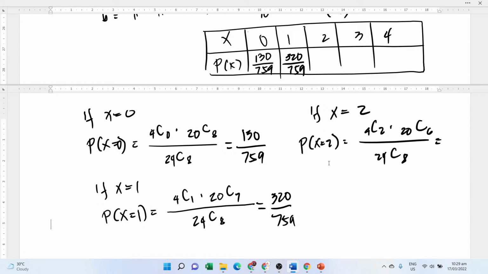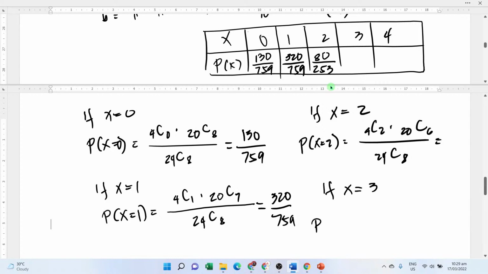So this time it's 80 over 253. If you wrote the probabilities with the same denominators, you can do that. This is just the same as 240 over 759. Pareho lang naman yan, and that will be considered correct.